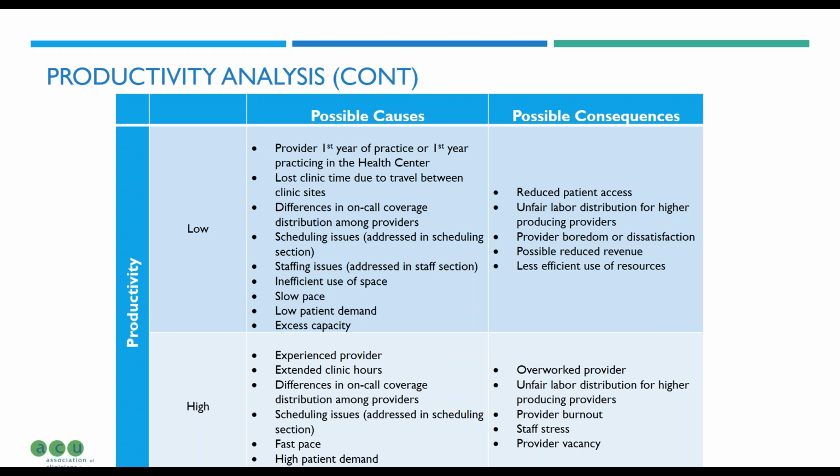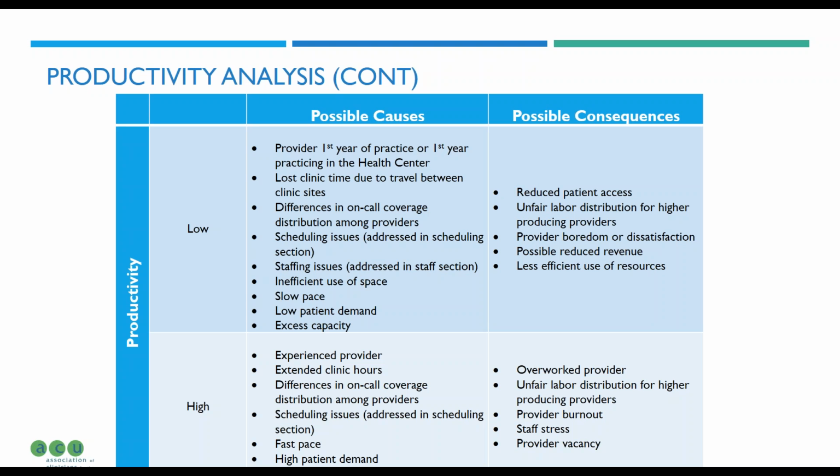But some of the possible consequences for low productivity could be reduced patient access. So if you don't have excess capacity, but you have a provider that's just kind of slow, or doesn't have much time available for in-office care, they have a large on-call demand, patients might not be able to get in.